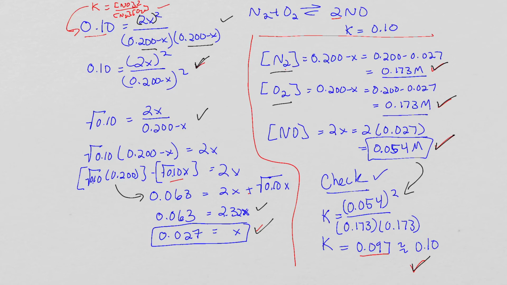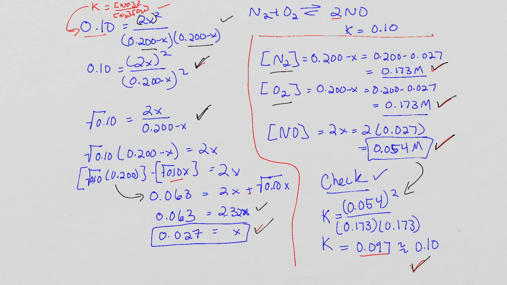Now, of course, we have to do that to both sides. So we take the square root of our 0.1 on the left, and we end up with 2x over 0.2 minus x on the right. Now we can do some algebra, and there are different ways you could work through it.